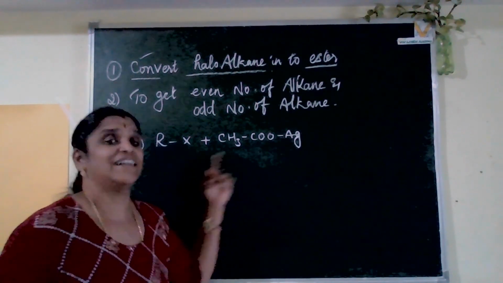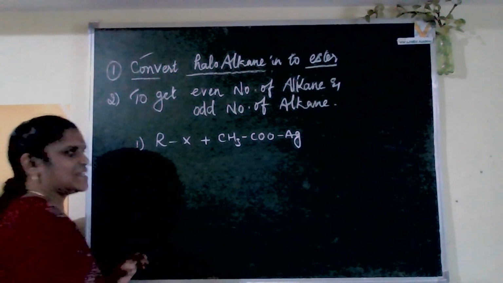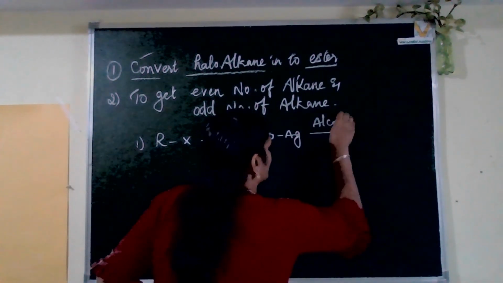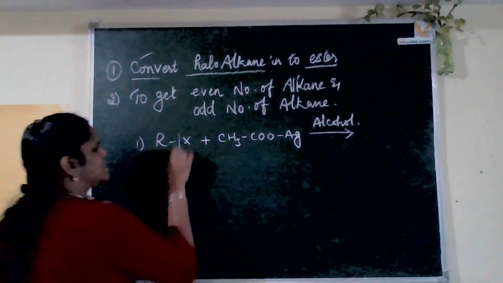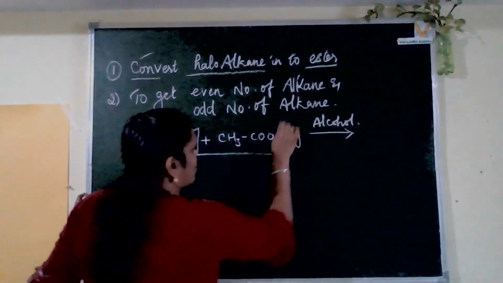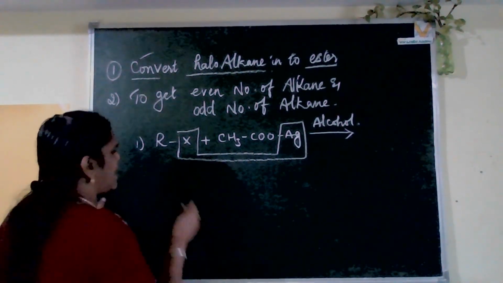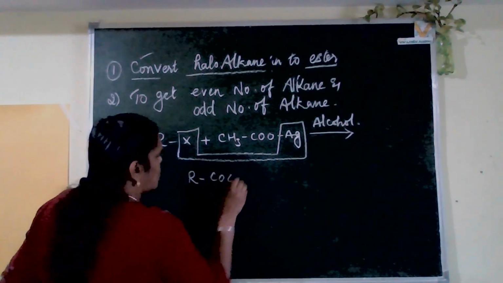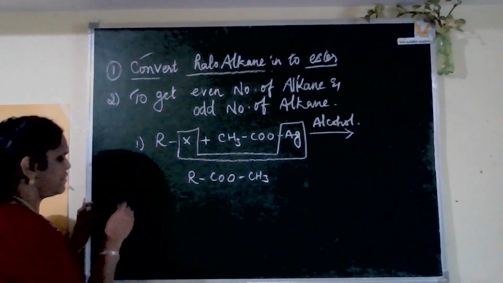Haloalkane combined with silver acetate in the presence of alcohol. This halide ion combines with silver, and you will get silver halide, and the remaining part is COOCH3.